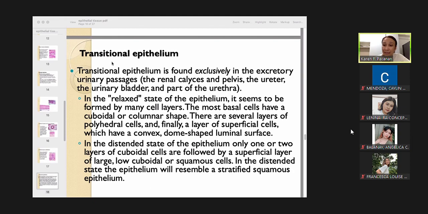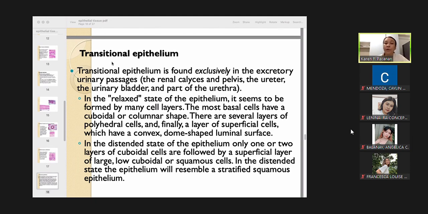That is basically the advantage of this epithelium lining the urinary passages. For example, the transitional epithelium lining the urinary bladder would allow the organ to accommodate a larger volume of urine, because, as I said, its characteristic is that it may resist stretching forces.